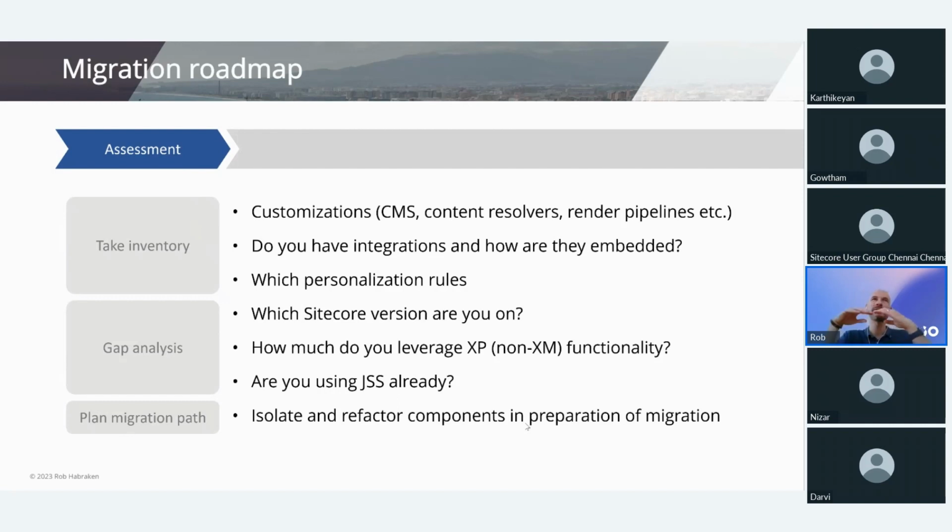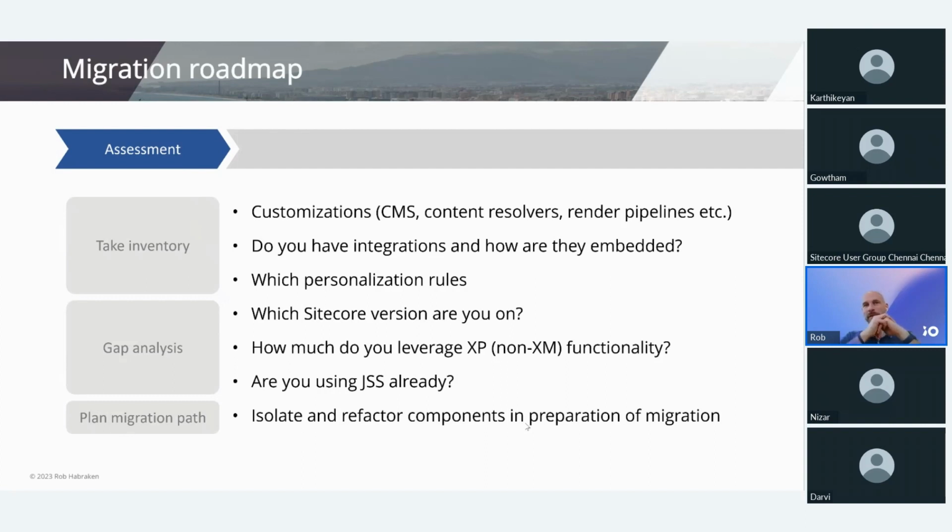So if you have any customizations on other field types or integrations retrieving data from external sources and displaying them in the editing part of the CMS, you might want to have a closer look at that. And furthermore, the more default content resolvers and render pipelines should be looked at. You should make a list of all your integrations and how they are embedded, and the same for your personalization rules.